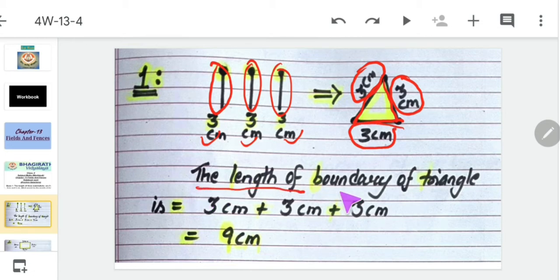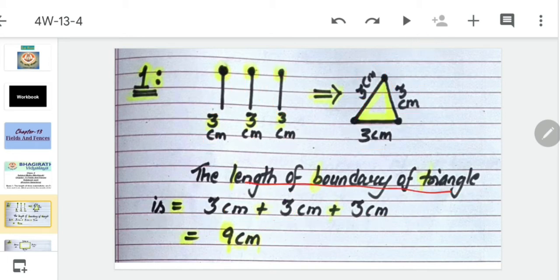So the length of the boundary of the triangle, for this we have to add all three sides. We know that the length of all three sides is 3 centimeter each. So we have to add 3 centimeter with 3 centimeter and 3 centimeter. So the answer is 9 centimeter. That means the length of the boundary of this triangle is 9 centimeter.